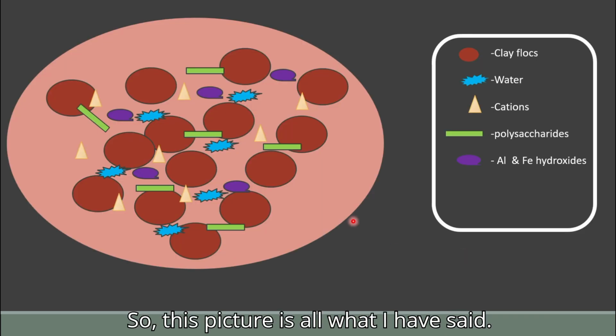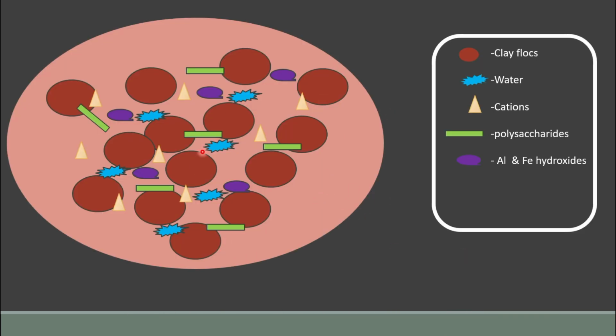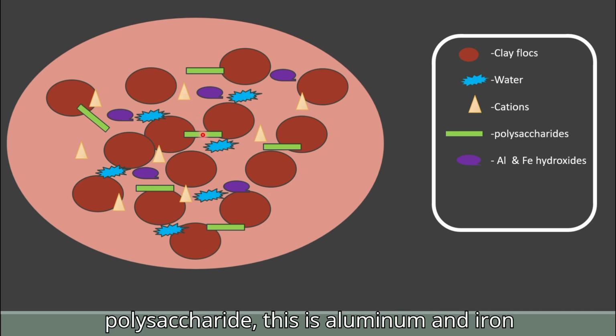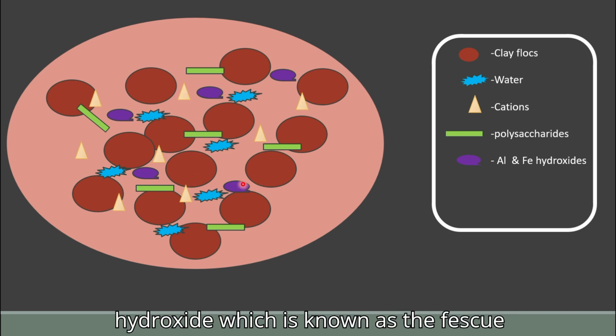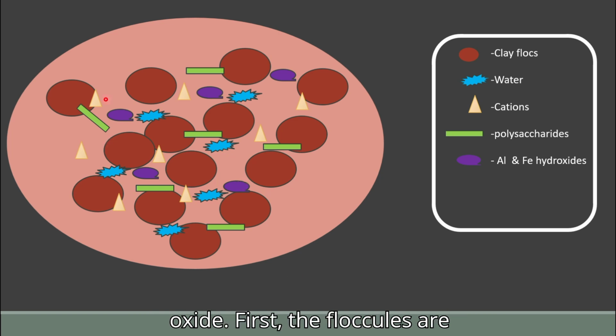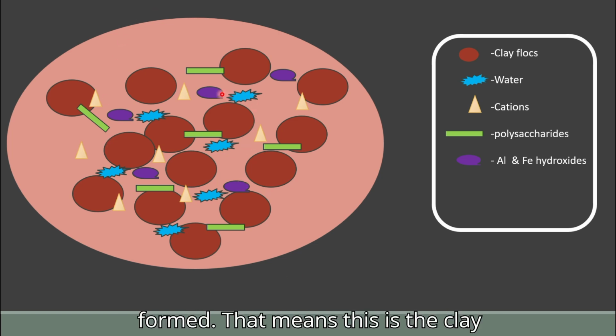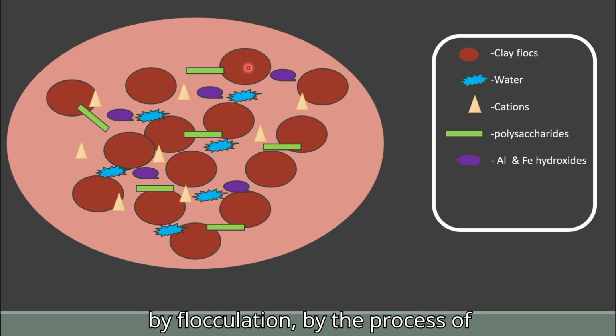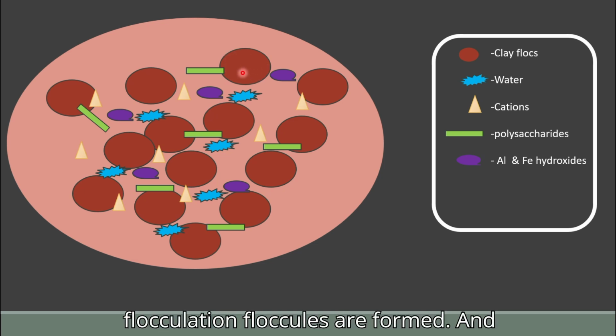This picture is all what I have said. This is clay, this is water molecule, these are various types of cations like calcium and magnesium, this is polysaccharides, and this is aluminum and iron hydroxide, which is known as sesquioxide. First, the flocules are formed. This is the clay floc formed by the process of flocculation.